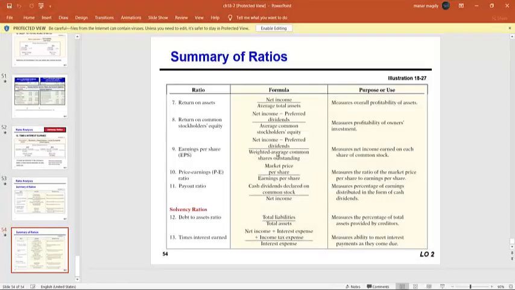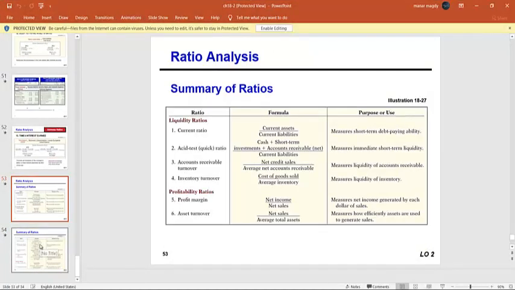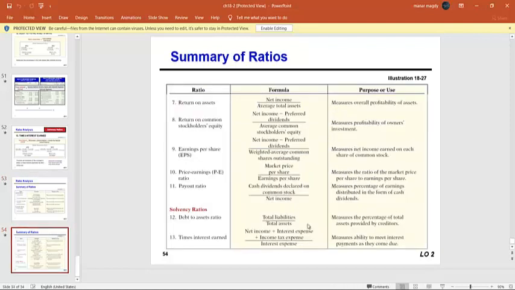Earnings per share equals net income minus preferred dividends divided by weighted average common shares outstanding. At this point we are comparing to common shares outstanding, not common stockholders' equity, which is completely different.